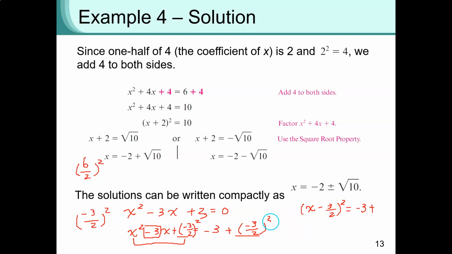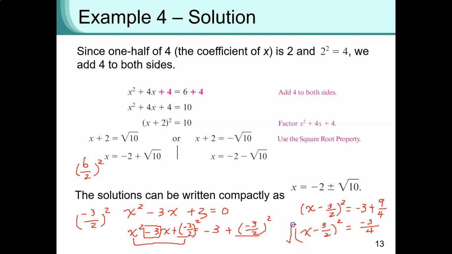It will turn to a positive number, so you will have 9 over 4. -3 plus 9 over 4, you will have the 4 and the -3 on the top.